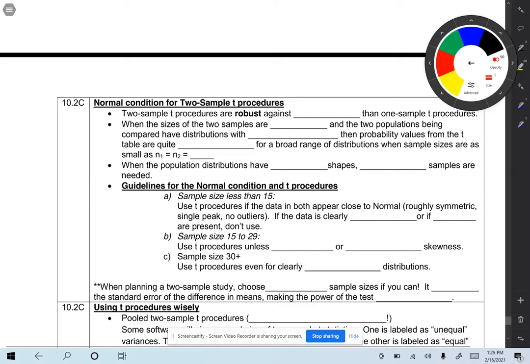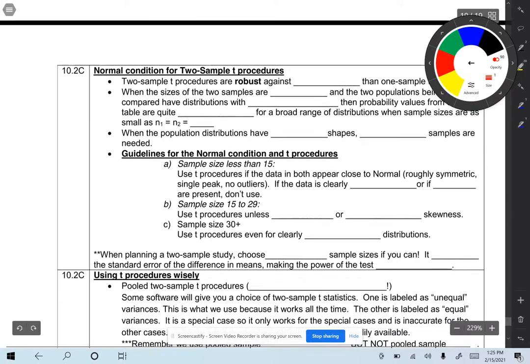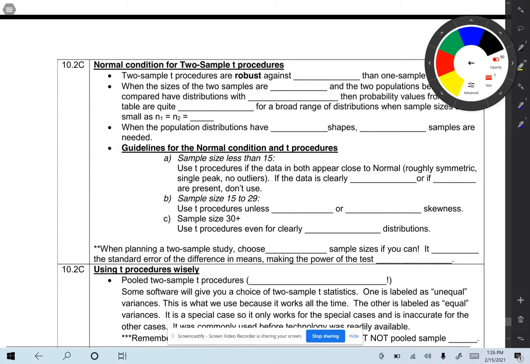Now, we are going to conclude by talking about using t-procedures wisely and a little bit about normal conditions. Two-sample t-procedures are even more robust against non-normality than one-sample t-procedures.